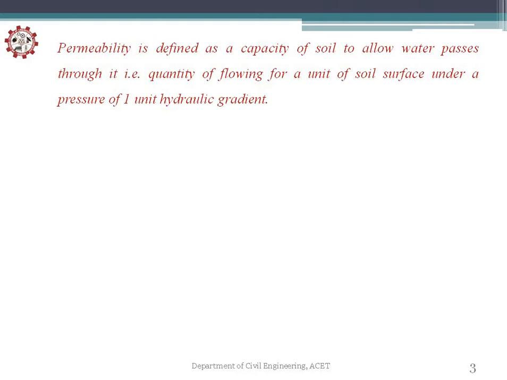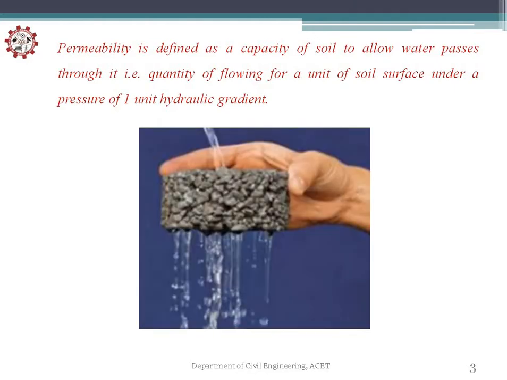So simply, permeability is the passage of water through the body of the soil. The types of soil are different, and with respect to that soil, how the passage of water takes place is the main topic with respect to permeability.